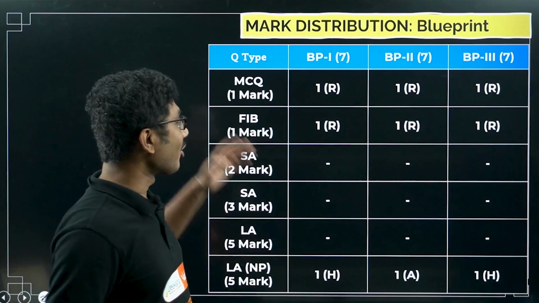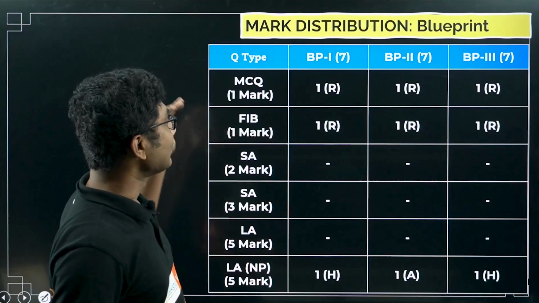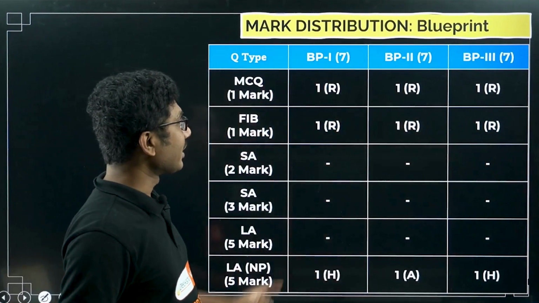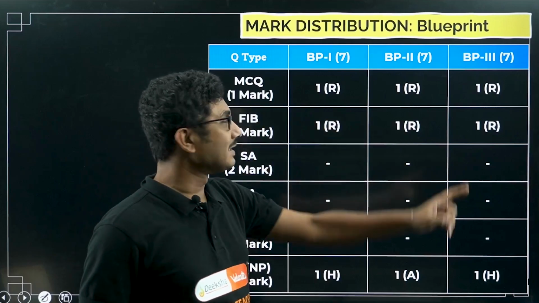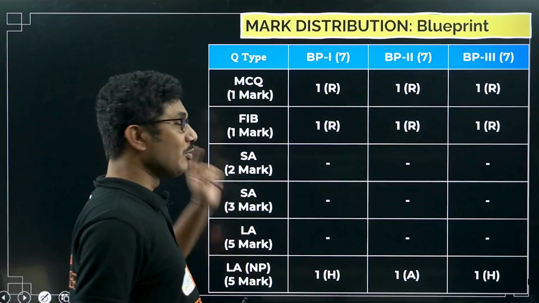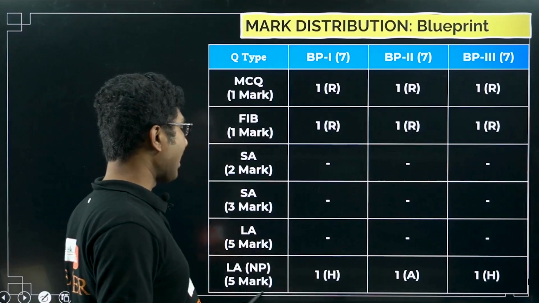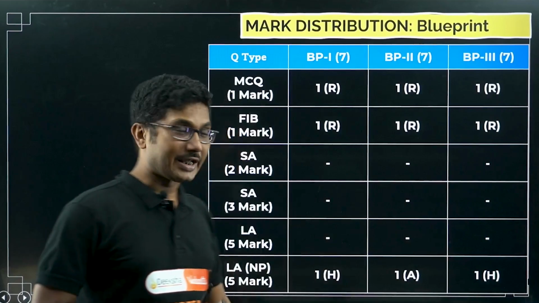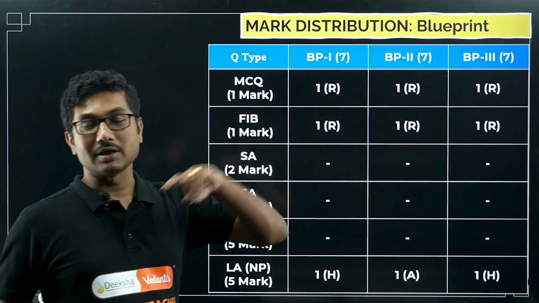As you can see from this blueprint, there is only one MCQ coming in each of the topics, and one fill in the blanks in each of the topics. And the numerical problems have one HOTS question, one application question, and one HOTS question again, and they are all numerical questions.